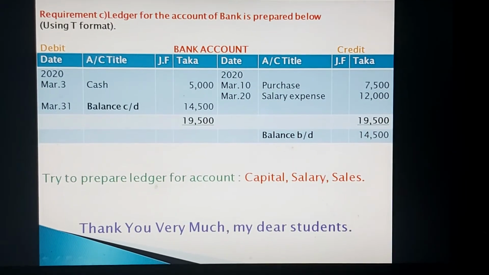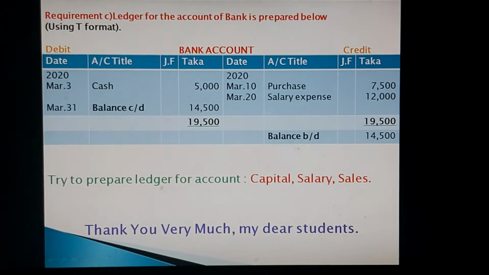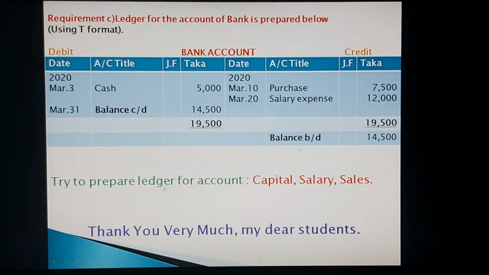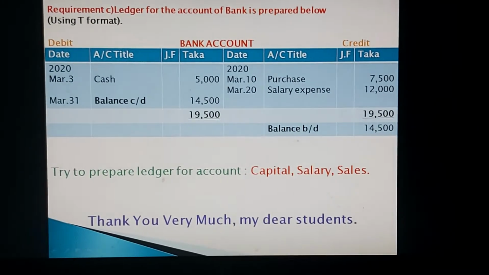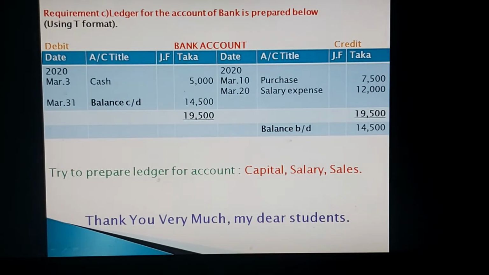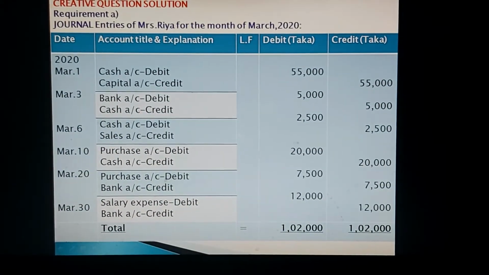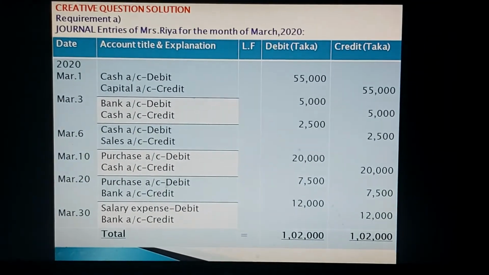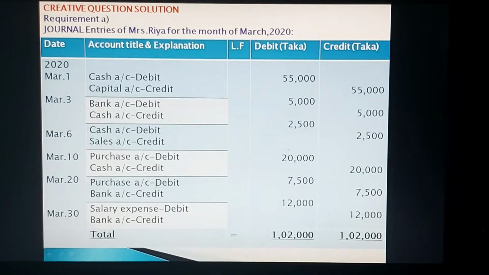Okay, from the previous requirement I think you have understood how to post in an account using T format from the journal. Now you can go to the journal for requirement A, which transactions are related to bank account. You can see March 3 bank account debit, cash account credit.